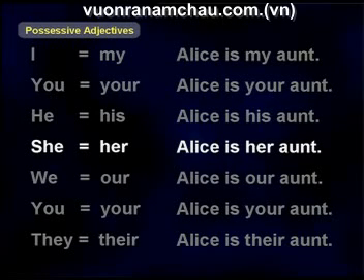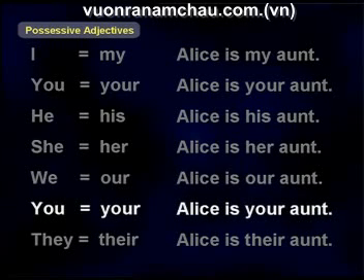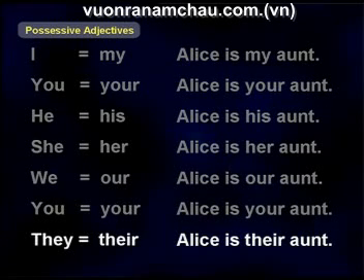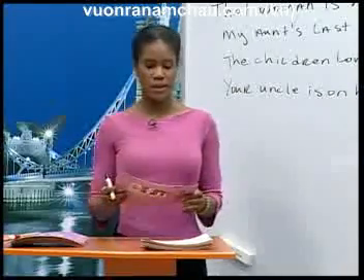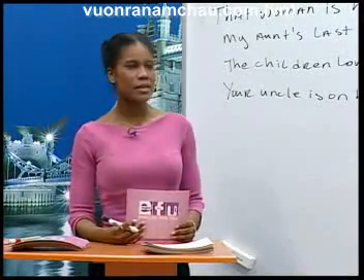Alice is her aunt. We, our. Alice is our aunt. You, your. Alice is your aunt. They, their. Alice is their aunt. Very good. Let's review the possessive adjectives.